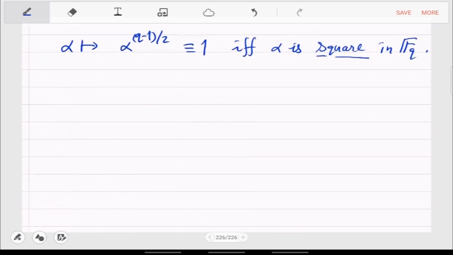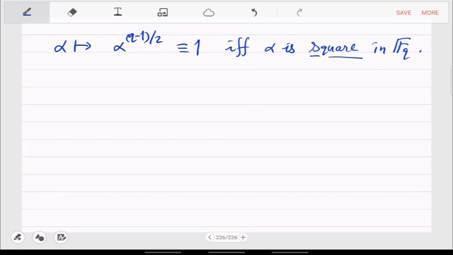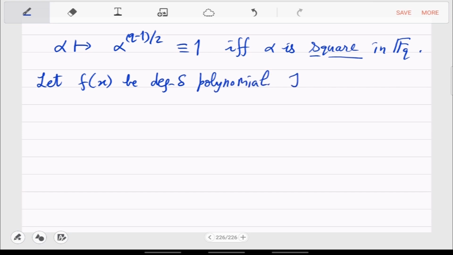Okay, so what is the Weyl estimate? The Weyl estimate is interesting when looking at this: let f(x) be a degree delta polynomial, then the character sum is chi of f(alpha) over all alpha.